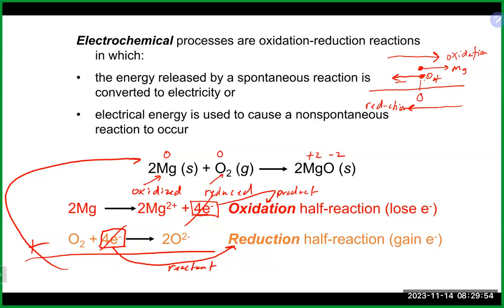So we have an oxidation half reaction and a reduction half reaction, and they're called half reactions because each is half of what's going on. And when you put them together to get the whole reaction, the electrons should always completely cancel out, because however many electrons somebody loses should be the exact same number of electrons somebody gains.